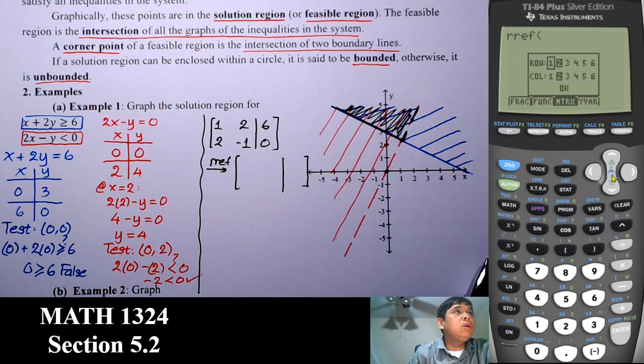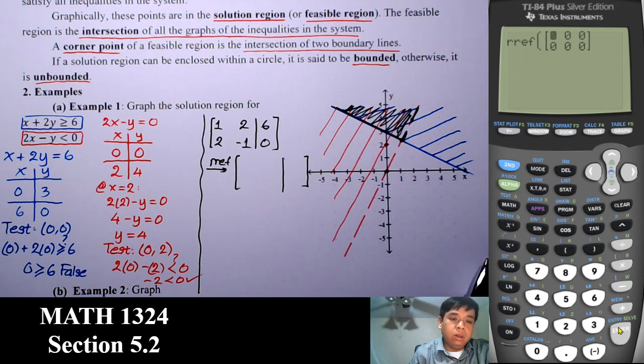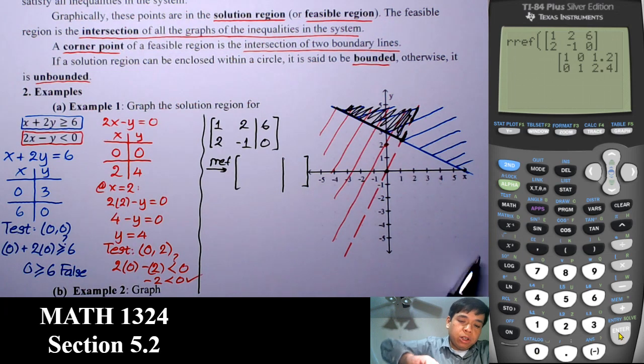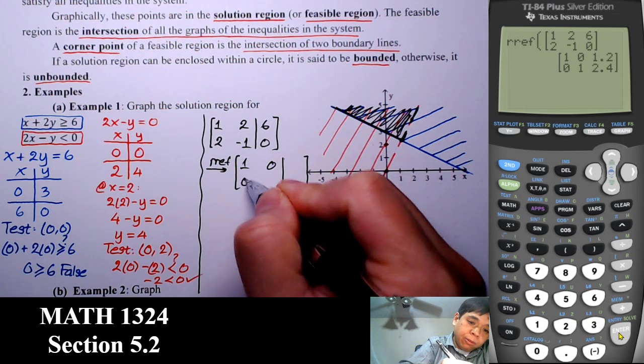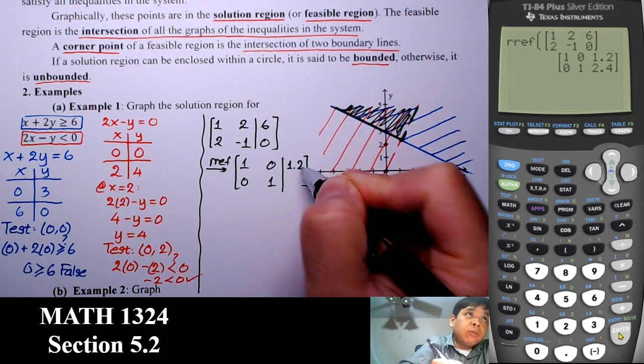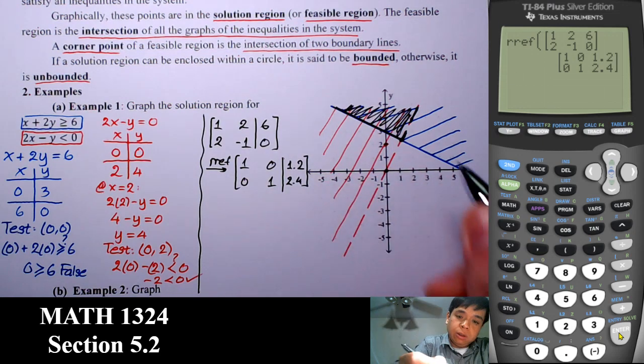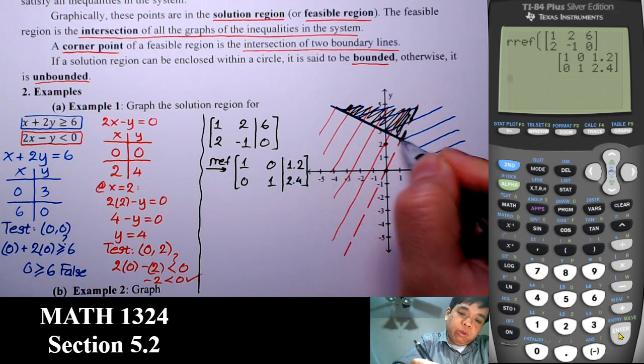One, 2, and 6. 2, negative 1, and 0. I should have 1.2 and 2.4. x equal to 1.2, y equal to 2.4.